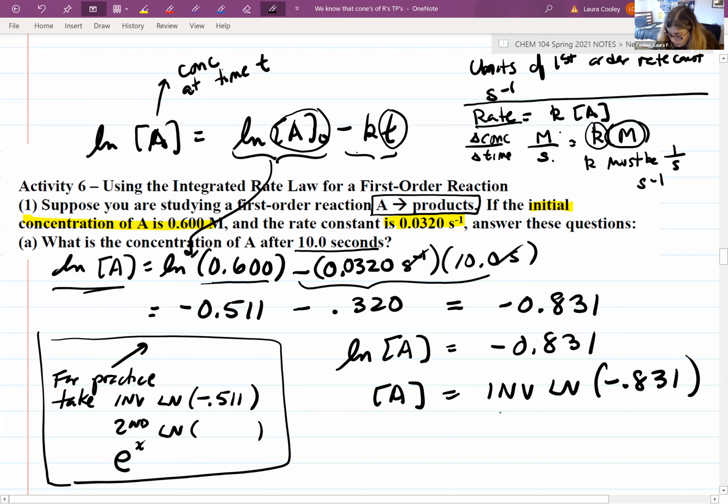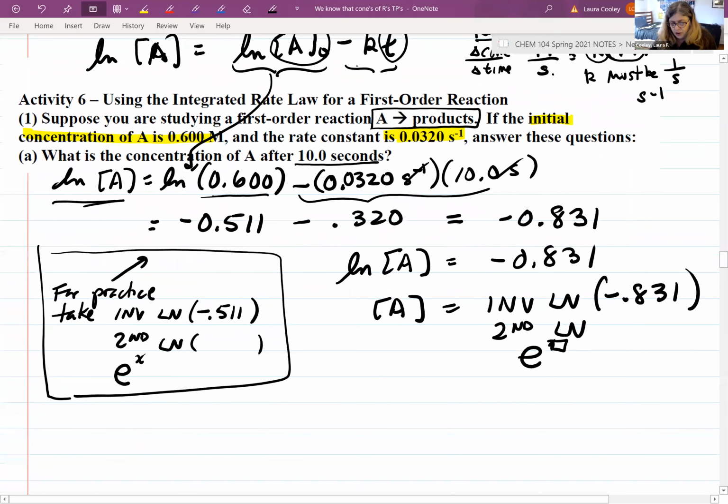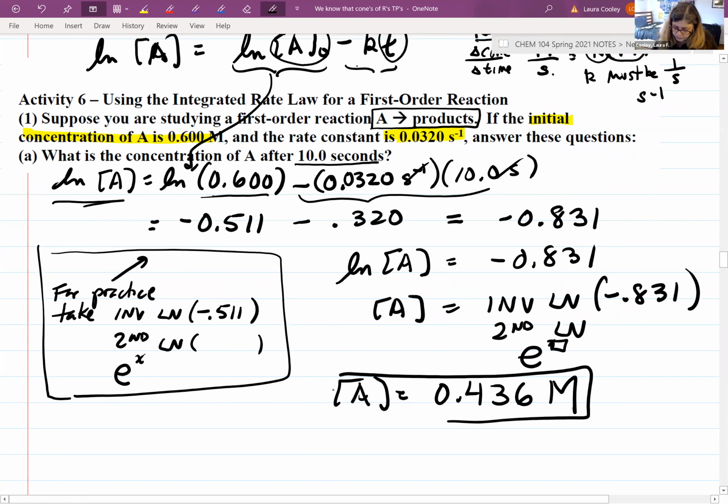So if your calculator, maybe it's second log or e to the x, something like that, what do you get? What does your calculator tell you when you put that in? 0.436. That's right. So A is 0.436 molar.